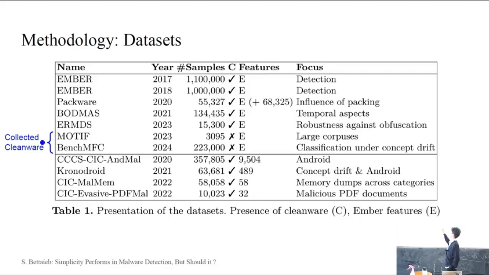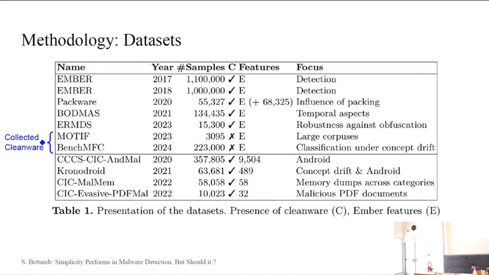So we trained the models on each dataset alone. It's an independent experiment. We trained one model on each of these datasets and evaluated independently. I don't know if that answers the question. We also made an experiment where we merged all the datasets together, but the results showed the same tendency as we observed on the others.